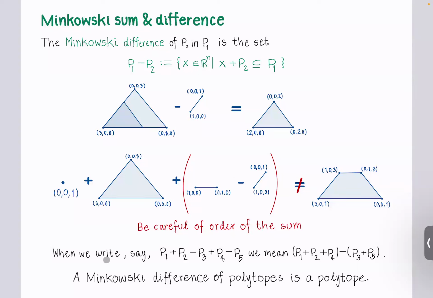So when I write, say, P1 plus P2 minus P3 plus P4 minus P5 like this, I mean that you add them first, you do the plus first, and then you subtract the minuses later.